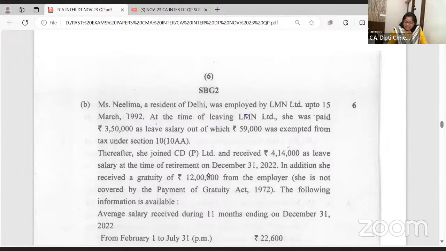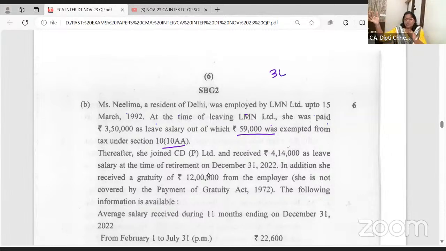So Miss Neelam, a resident of Delhi, was employed by LMN Limited up to 15 March. At the time of leaving LMN, she was paid 3,50,000 as leave salary, out of which 59,000 was exempt. Whatever leave salary was received earlier and exempt, you will get that much less exemption. Say leave salary exempt is 3 lakh.